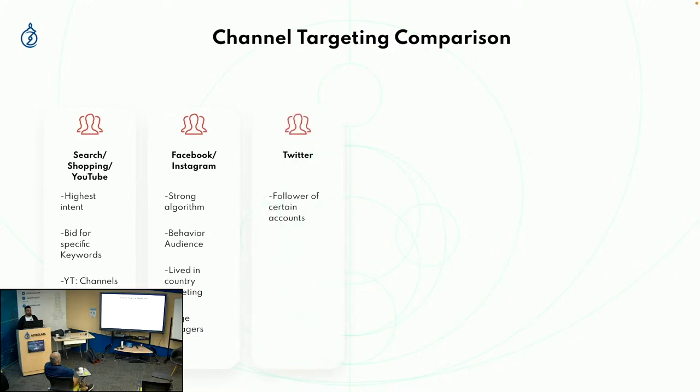Twitter, for example, lets you target followers of certain accounts. Let me give you an example. We once wanted to target nationals of a certain country, let's say Kuwait. Kuwait has a lot of expats as well, so how do we target only Kuwaitis? That was our objective.